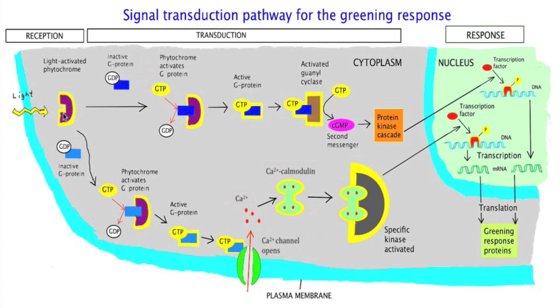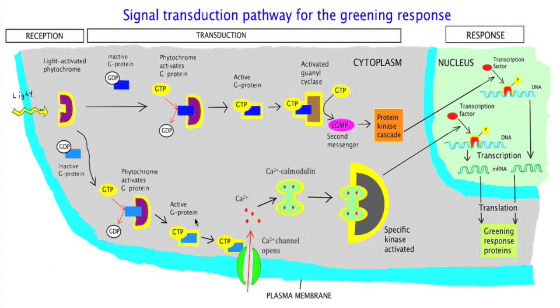Okay, so once the light hits the phytochrome, the inactive G protein is going to attach to that phytochrome. And once that happens, a GTP is going to knock off the GDP. The activated phytochrome activates the G protein.